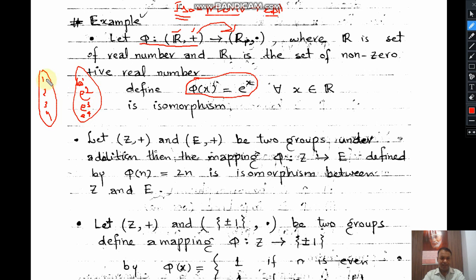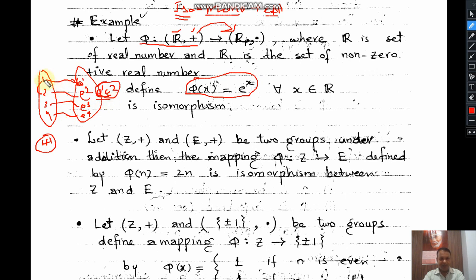Here 1 is related to e to the power 1, 2 is related to e to the power 2, 3 is related to e to the power 3, 4 is related to e to the power 4. Here e to the power 2 can be written as e to the power 1 into e to the power 1. So multiplication is being performed here, while in the first set 1 plus 1 gives 2, so addition is being performed.